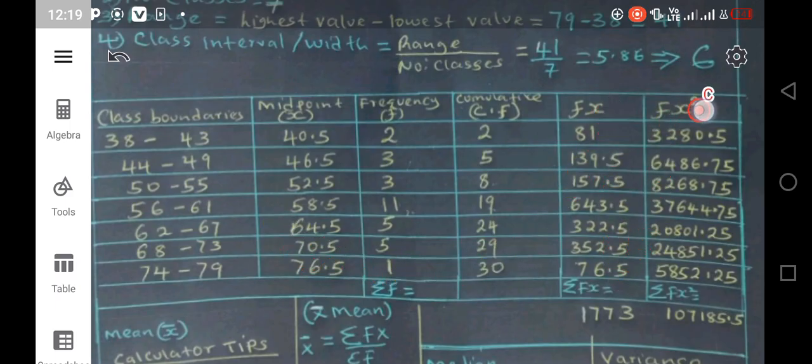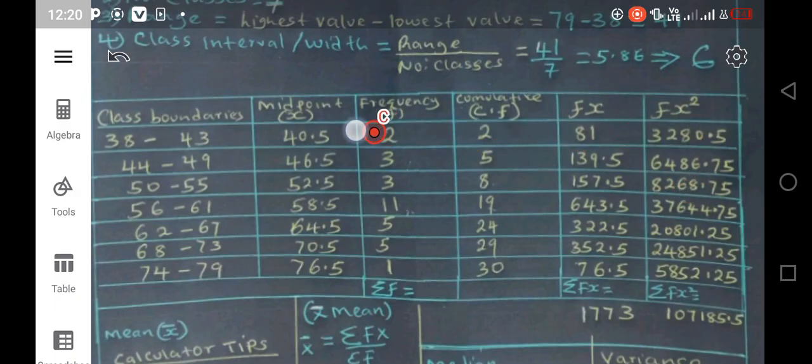Now, fx squared. So fx squared is just for you to have the values of the midpoints squared times the frequency. For example, the first one, 40.5 squared times 2, you are going to get 3,280.5. For 46.5 squared times 3, you're going to get 6,486.75.